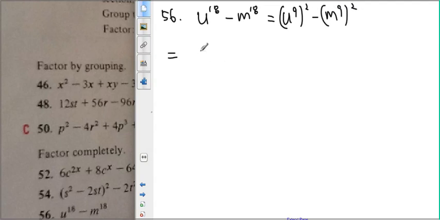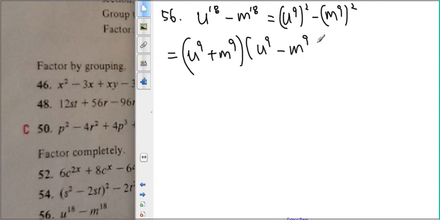Then in that case, we will be able to get u to the 9th plus m to the 9th, times u to the 9th minus m to the 9th. Then here what we end up getting is this.